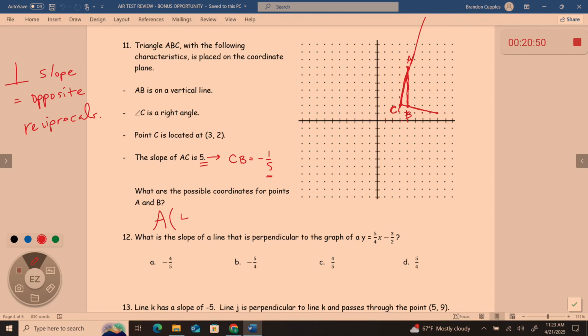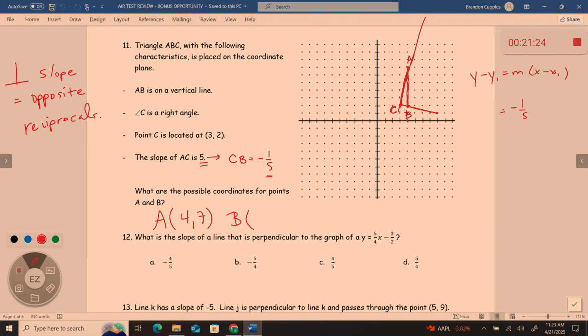And then for B, a possible ordered pair, if it's going to lie on that vertical line, here's what I'm thinking would be maybe the easiest. If you were to do point slope form, y minus y sub 1 equals m times x minus x sub 1, and we already know the slope of this line is going to be negative 1/5, and I know C is at 3, 2.